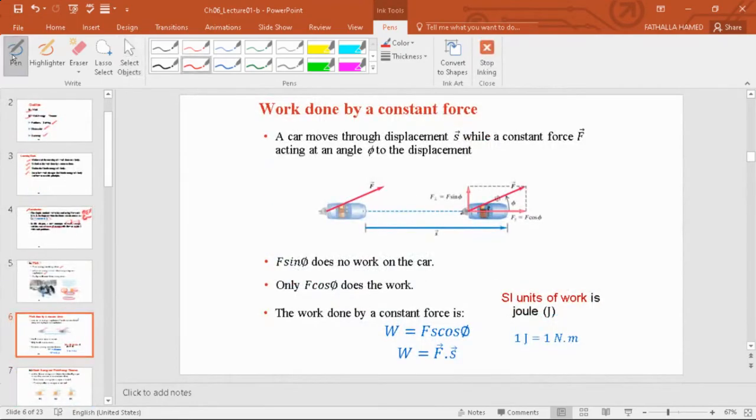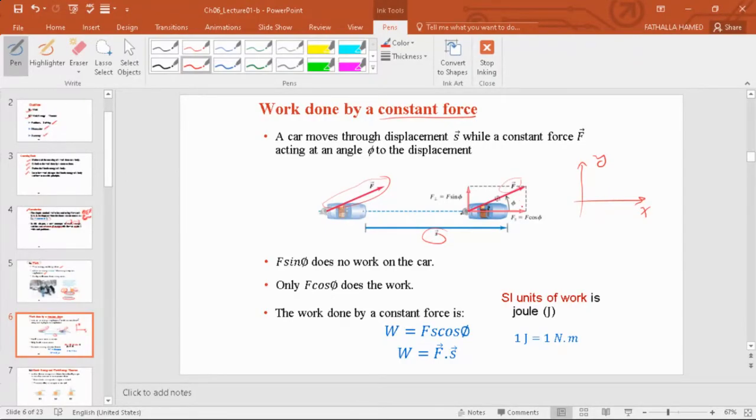Now we are going to look at the case when work is done by a constant force. So you have here a car, you apply a force, and the car moves horizontally at displacement S. So we're going to use S here as a displacement. You can take this as the x-axis, you can take this as the y-axis, but you're moving along the x-axis. Now this applied force here makes an angle phi with the positive x-axis.